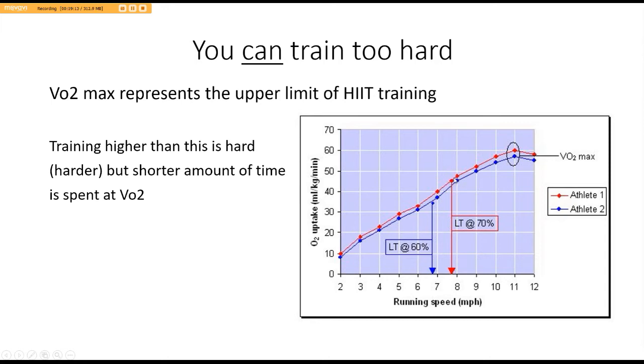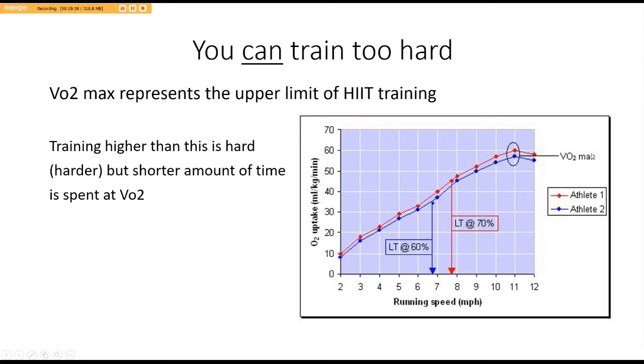So for this individual, high intensity interval training really needs to occur on this running speed test somewhere between 8 miles per hour and maybe 11 miles per hour. Training them at 12 miles per hour, 13 miles per hour, 14 miles per hour, they would be able to do it for increasingly shorter periods per interval, but we're not getting any further increase in oxygen consumption.